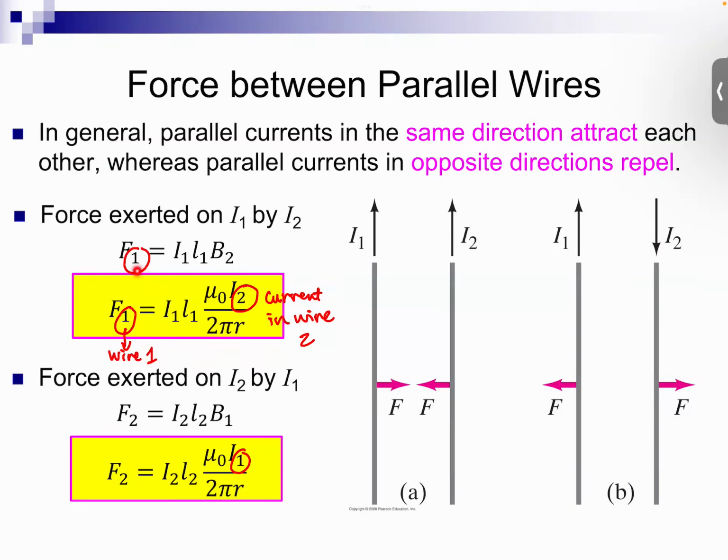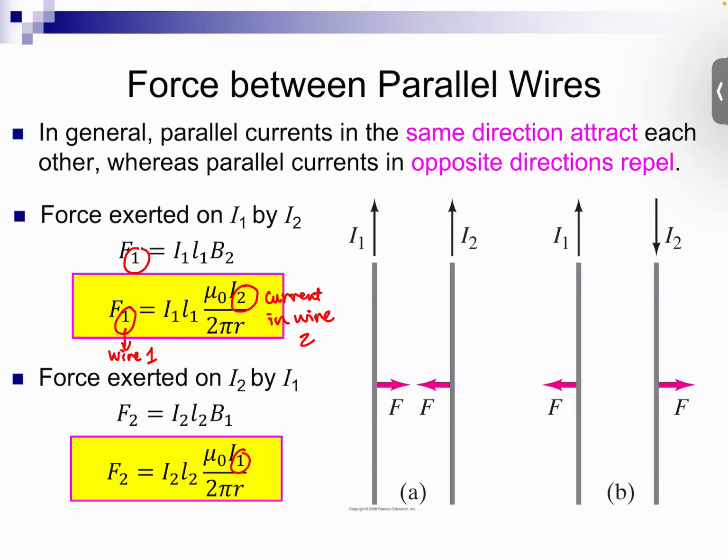For the force felt by wire 1 because of the current in wire 2, it's this equation. For the force felt by wire 2 because of the current in wire 1, it's this equation here.